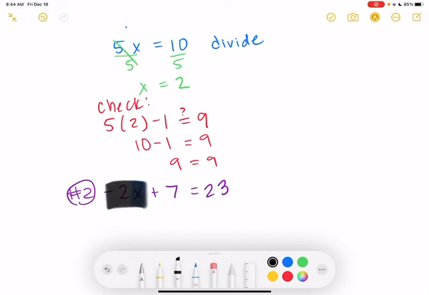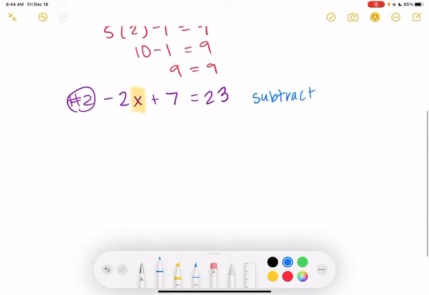So how do I get rid of plus 7? I want to subtract it, right? So there's our x again. We have a plus 7, so we're going to subtract 7 from both sides, so now I have negative 2x equals, what is that? Looks like 16.